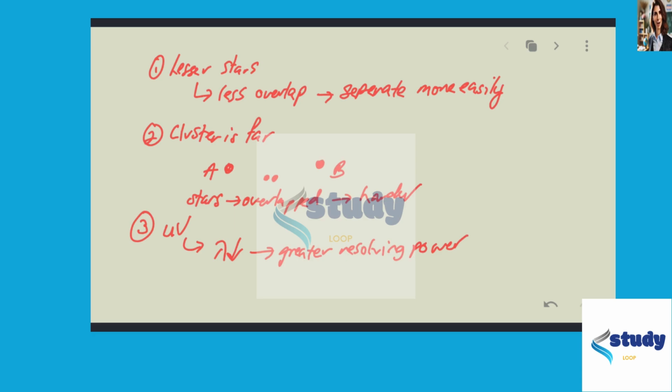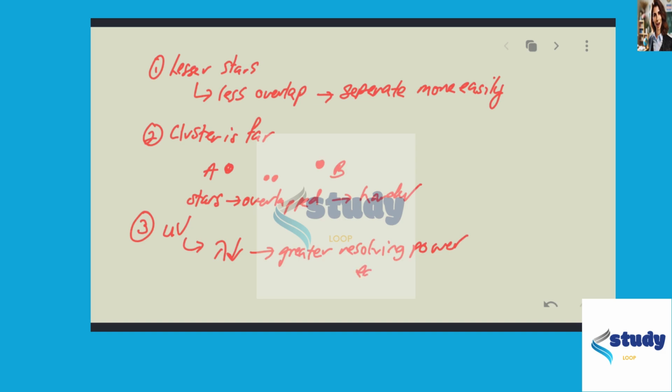It has a different diffraction limit due to its different wavelength. Its smaller wavelength will give us a better diffraction limit, so we can actually separate out objects better.